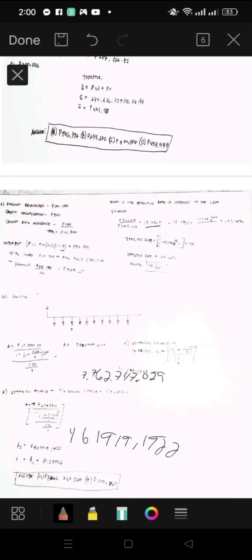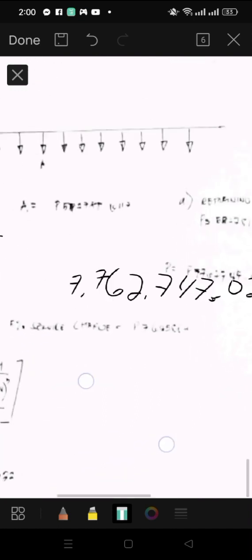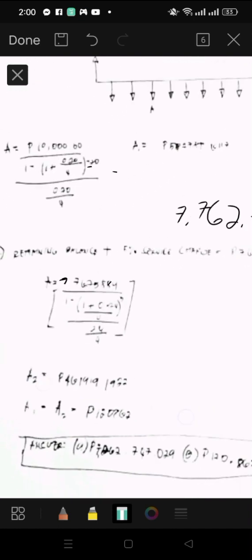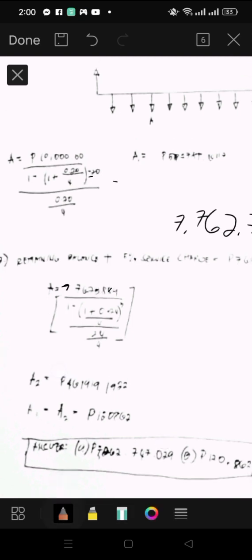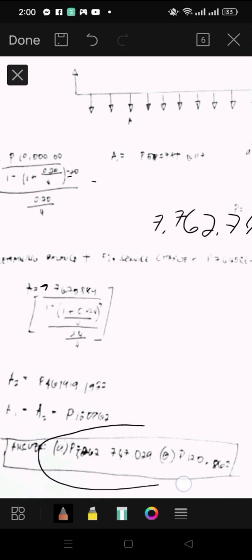Then A1 minus A2 is equal to 120,862. So that is the final answer for B. So the final answer for A is 7,262,747.029, and B is 122,862.